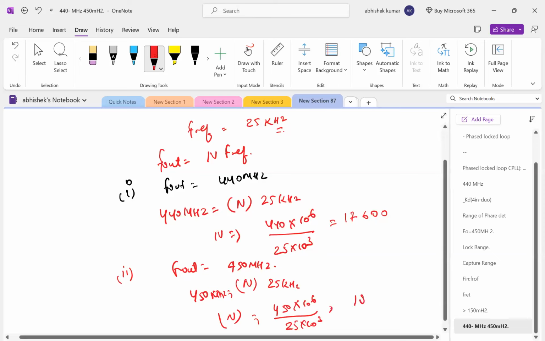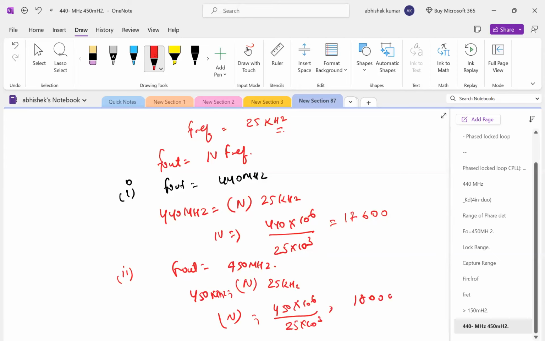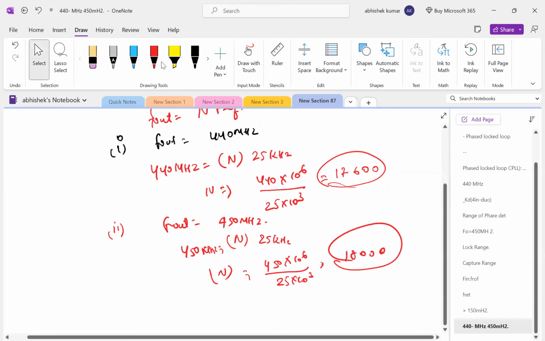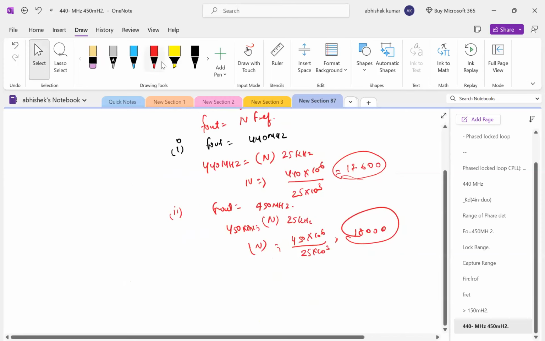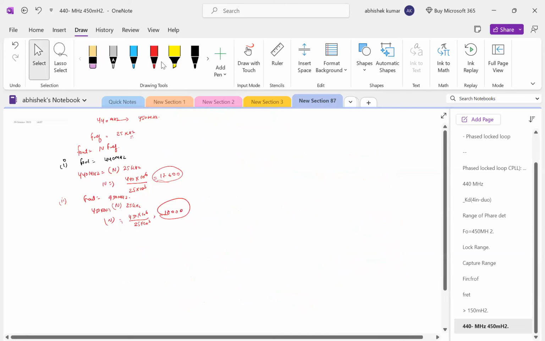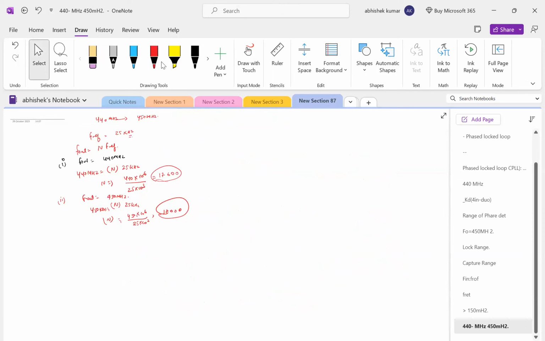That will give you 18,000. So the N value is 18,000, and this is it. So which answer? Option number 1 is the correct answer. Are you getting this question or not?